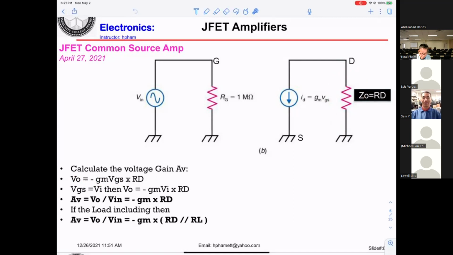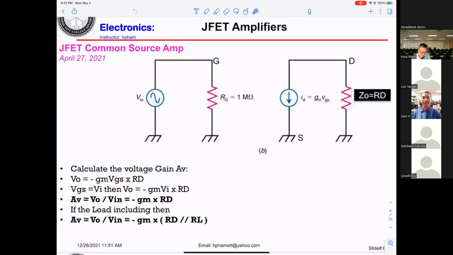Now you want to calculate the AV, voltage gain. Voltage gain means the ratio between V out and V in. You take the V out, divide by the V in, so you get minus GM times RD.